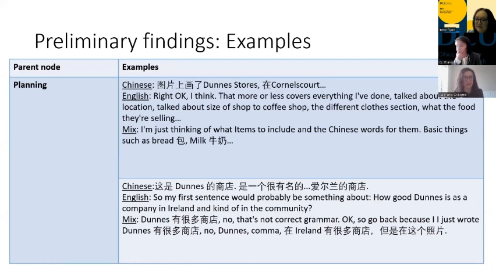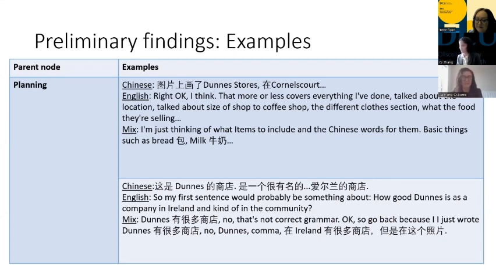Then in terms of planning at the sentence level, so 这是 Dunnes 的商店 and so on. So this is Dunnes Stores, and then they're talking about how famous it is. It's a famous Irish store, for example. In English, then you can see, so my first sentence would probably be something about how good Dunnes Stores is as a company in Ireland and in the community, and so on.